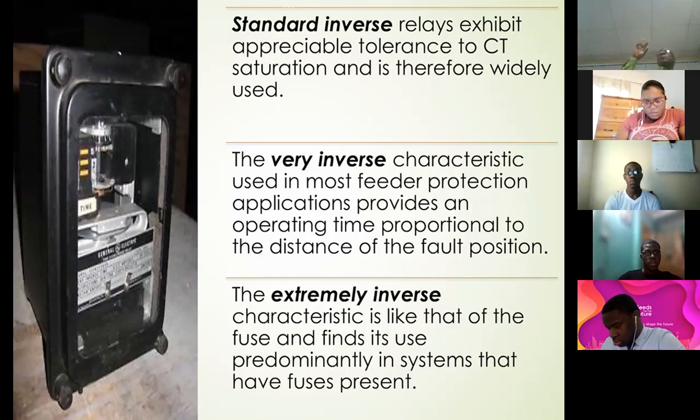Now, we have made two attempts so far to show you up close what your overcurrent relay looks like. And quite frankly, the picture I'm about to show really just highlights the fact that it is an electromechanical relay. We will try our best to show that it's really an overcurrent relay, but anyway.